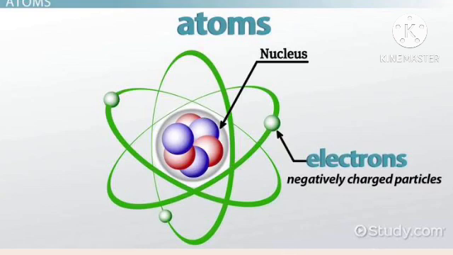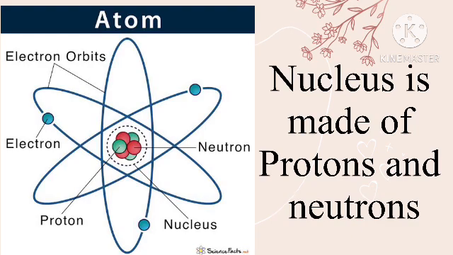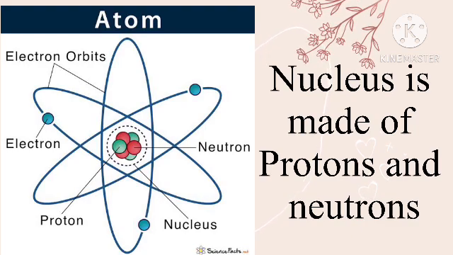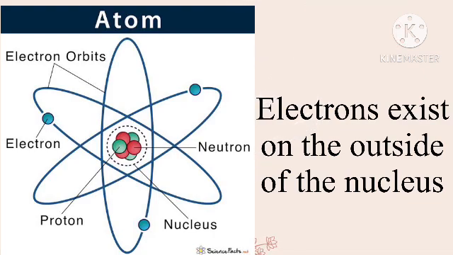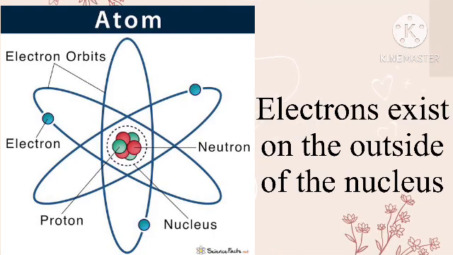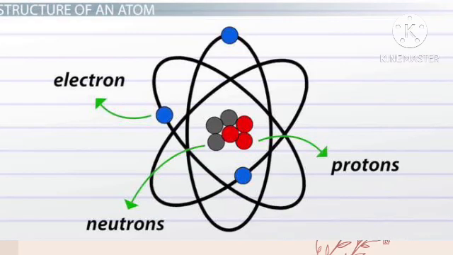This nucleus is made of particles called protons and neutrons, while electrons exist outside of the nucleus.